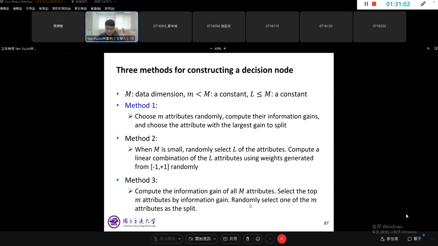We randomly select one of them to construct the split. Okay, so there are several ways to implement random forest. In this slide, I summarize 3 popular choices. In the following, I'm going to use method number 1 to construct a random forest.